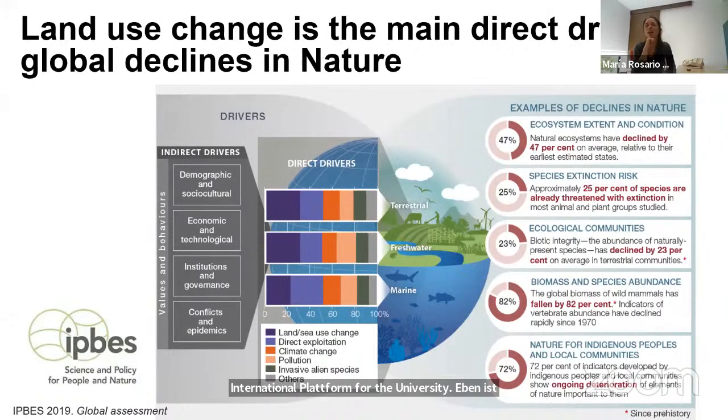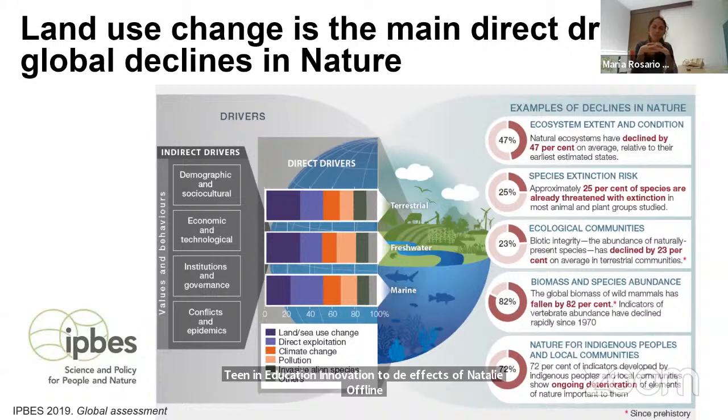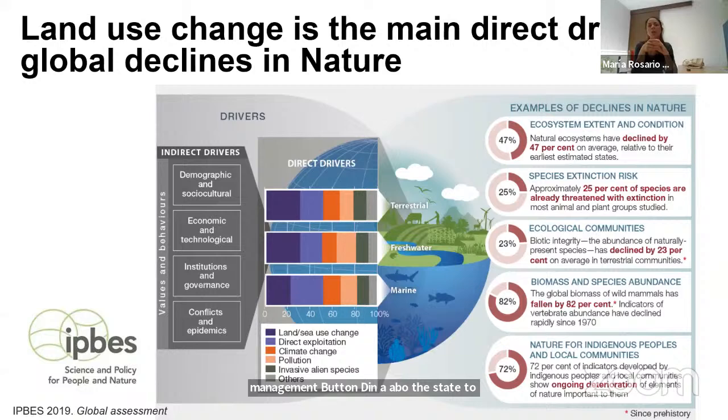And if not, I would really recommend you to check online the resources provided by IPBES, because they have lots of materials, infographics, that could also be useful for teaching and education in relation to the effects not only of land management, but in general about the status of biodiversity and the main drivers of biodiversity loss. So I recommend this material.